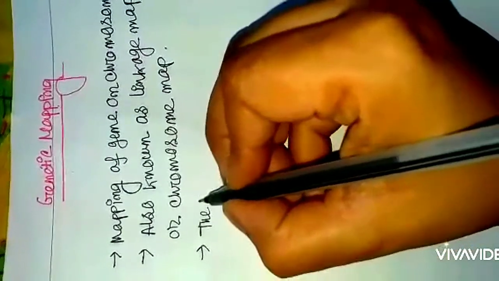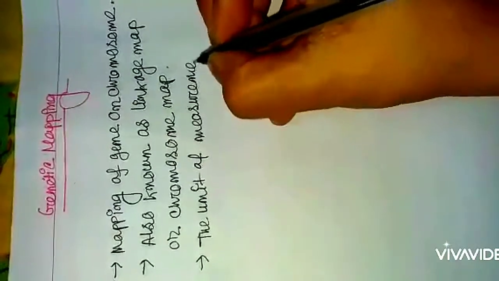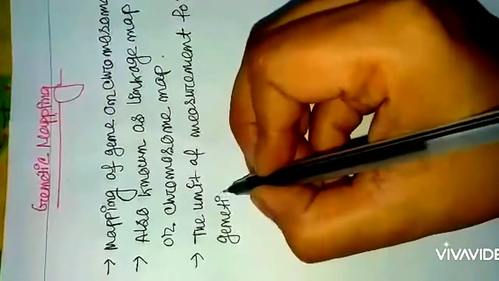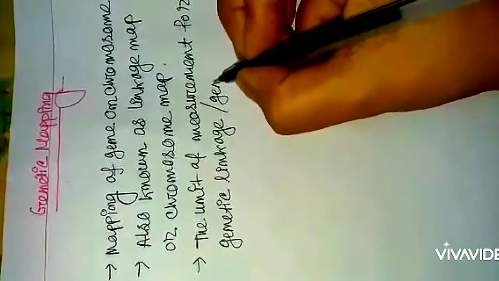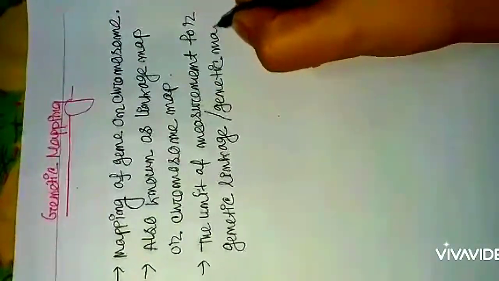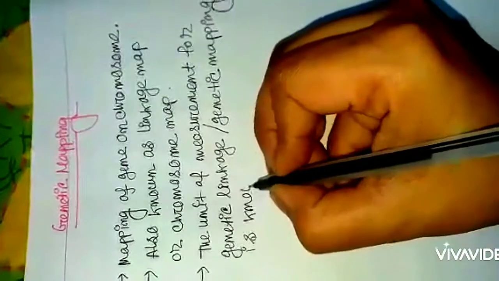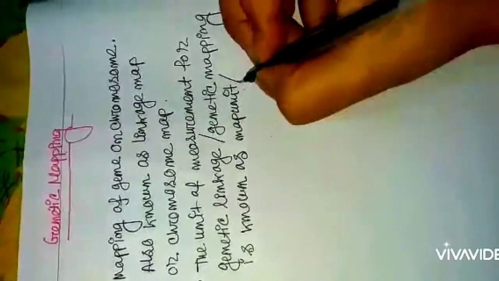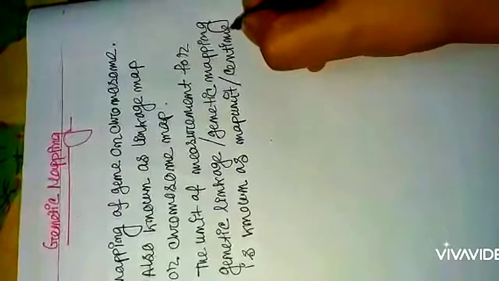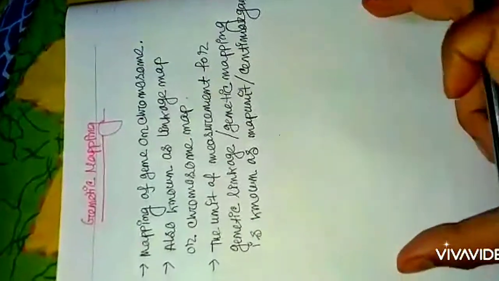So the unit of measurement for genetic linkage or genetic mapping is known as map unit or centimorgan, okay. So now we have to draw a figure, okay.